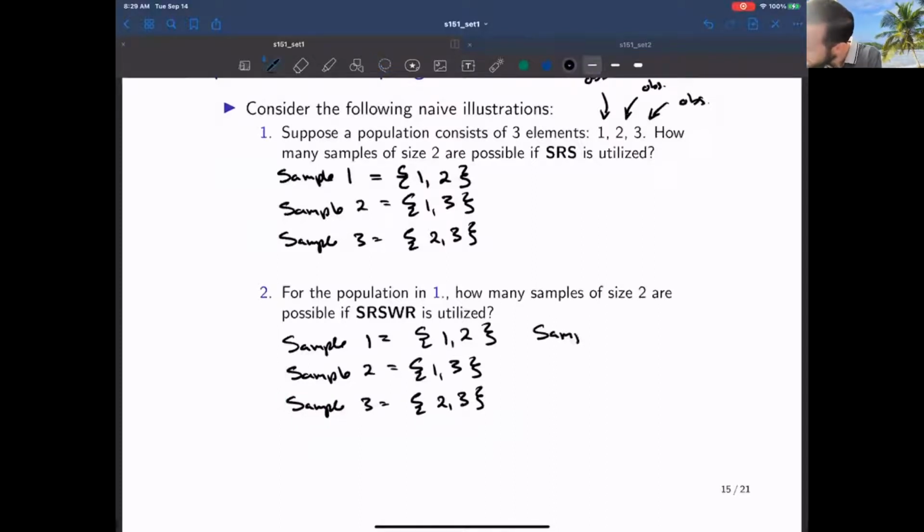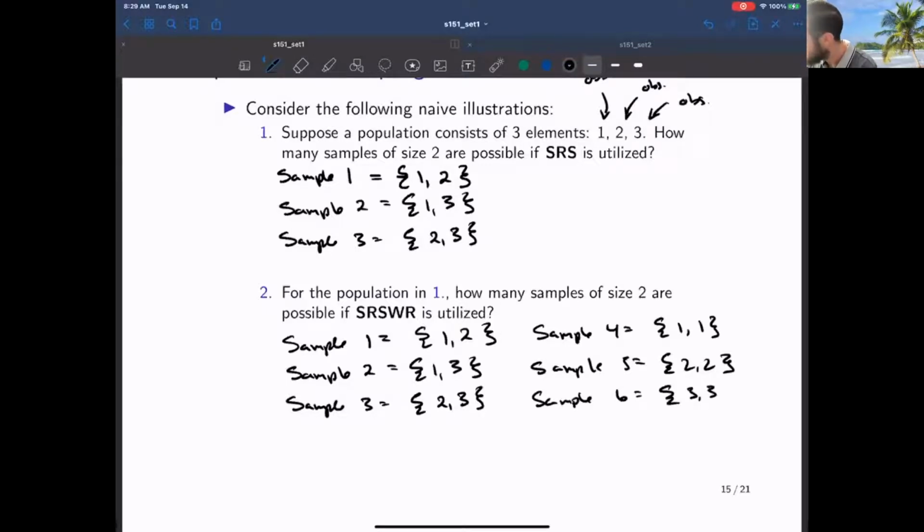But since we are sampling with replacement, it is also possible that we observe a sample that is composed of observation 1 both times. Similarly, we could also observe a sample that's composed of observation 2 both times, and a sample that's composed of observation 3 in both spots.